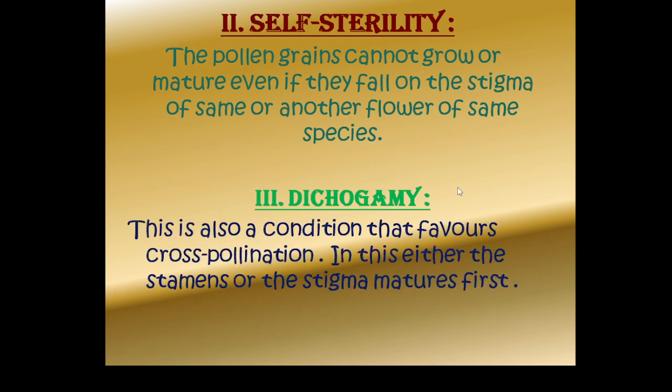The third one is dichogamy. It is also a condition that favors cross pollination. In this, either the stamens or the stigma matures first.